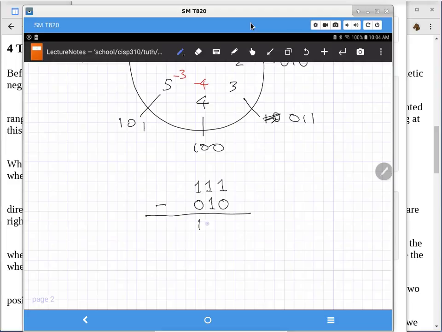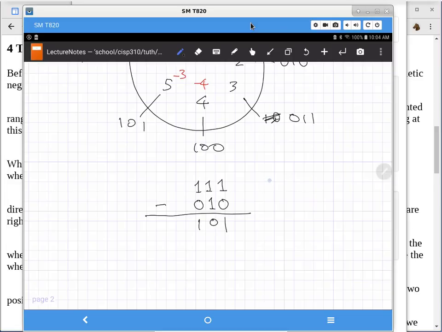Remember what I said about how we don't need to know what 111 is representing, because it could be -1, it could be 7, right? So now we write down those representations on the other side. Let's say we look at the numbers in an unsigned way, which means we ignore all of the negative values.